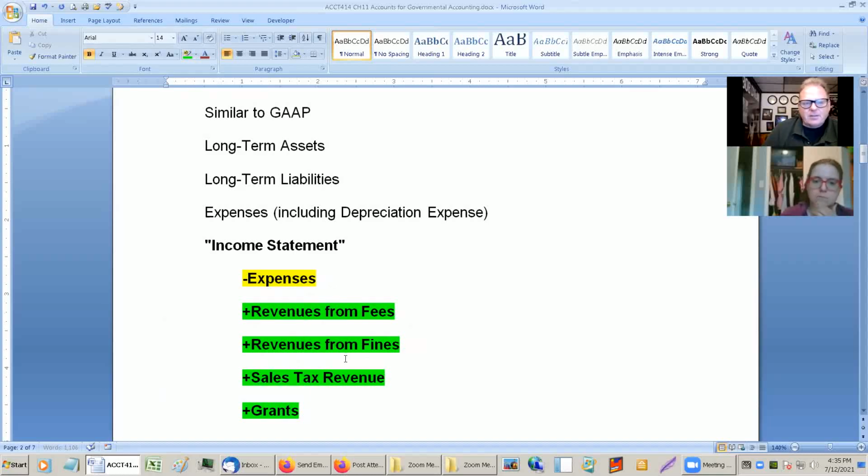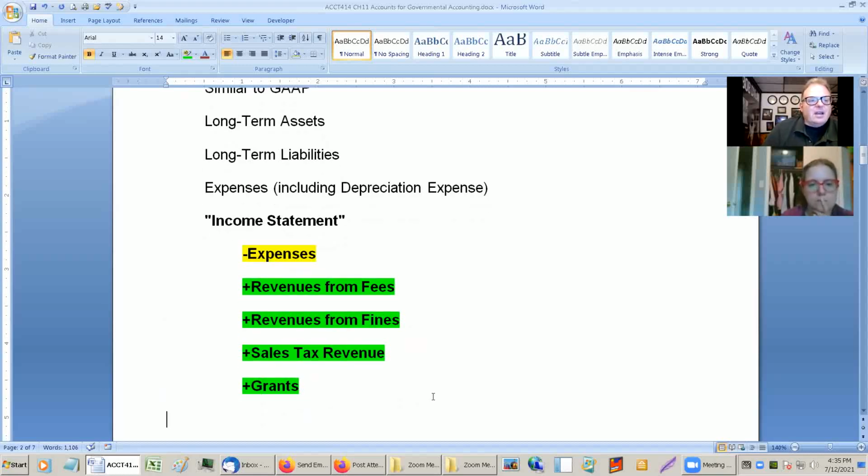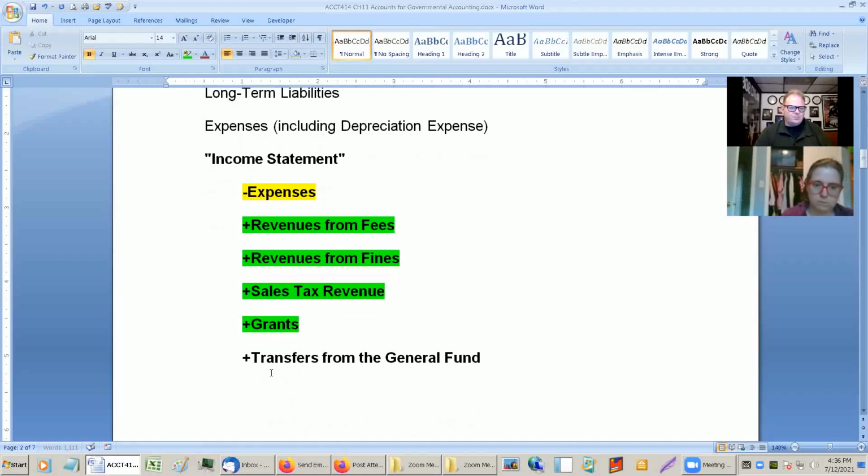They may have some late fines, or sales tax revenue, or you sell something, grants, and they might get some of the property tax in the general fund. And down here at the bottom, instead of income, we'll have our fund balance.